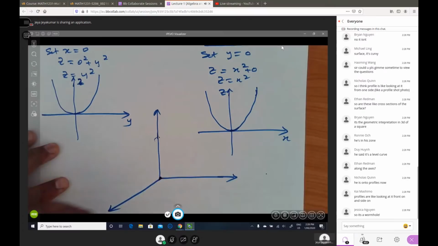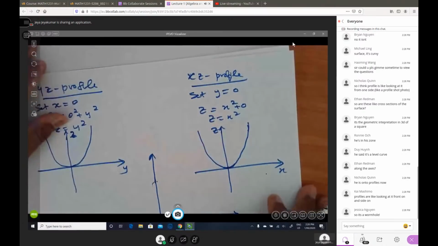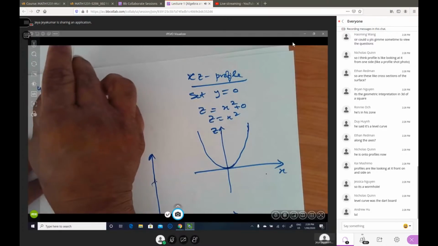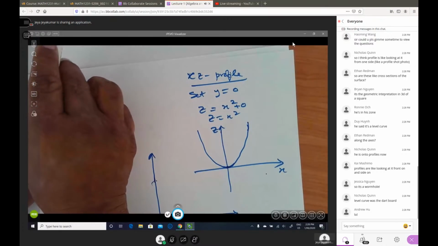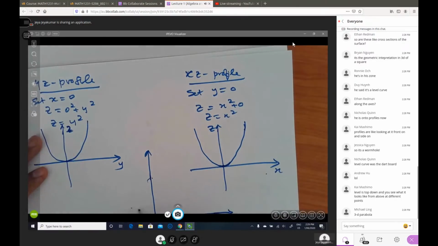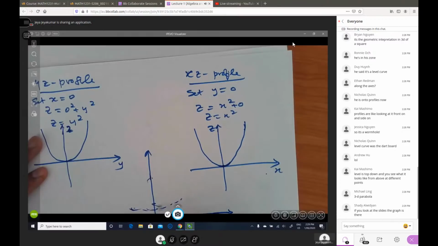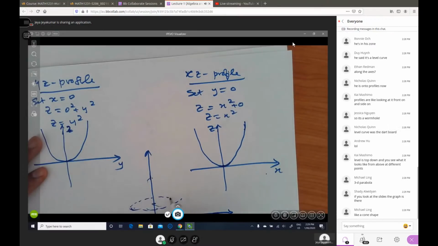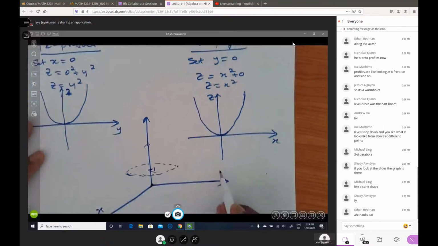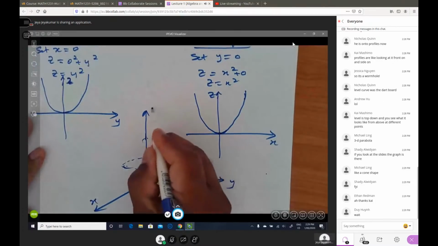And from the previous calculation on the level curve, when z equals 1, the level curve x squared plus y squared is 1. That means the surface intersects with the z equals 1 plane above the xy plane in a circle with radius 1. That's x, y, z.